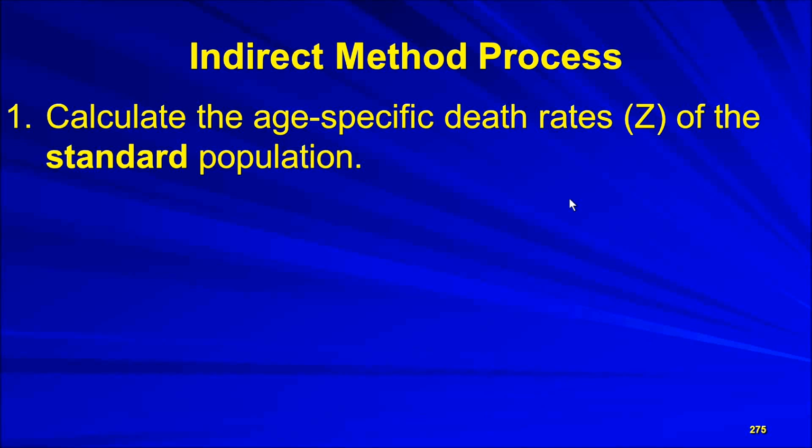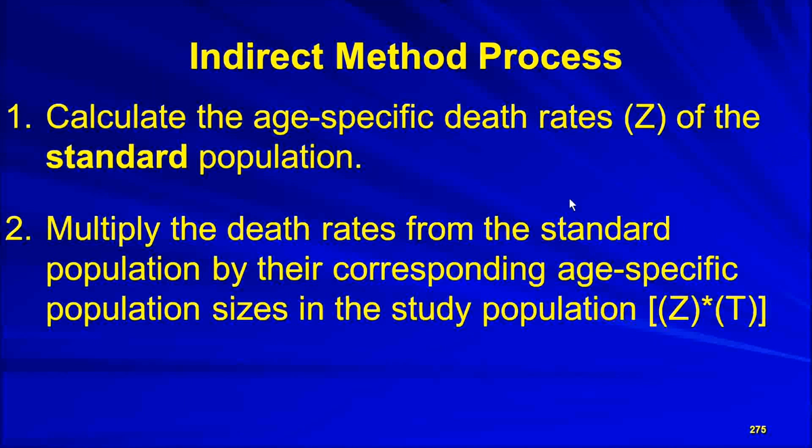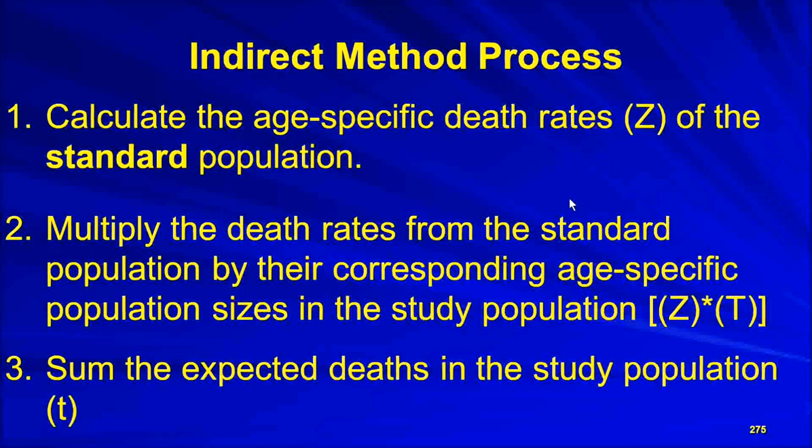Indirect method process. It says calculate the age-specific death rate of the standard population. Multiply that death rate from the standard population by their corresponding age-specific population sizes in the study population. Just sort of watch this as we go through. Sum the expected deaths in the study population. Now, by and large, this process is identical. It just depends on where you place the standard population and where you place the data for the subpopulation.